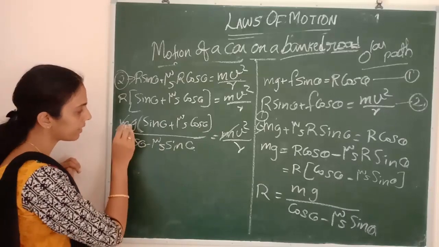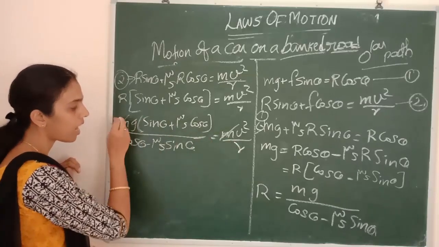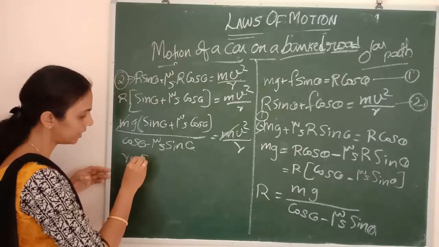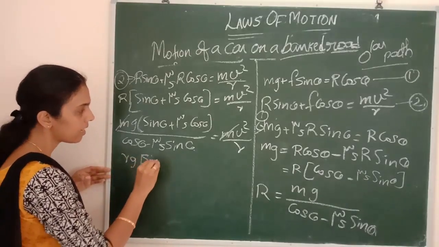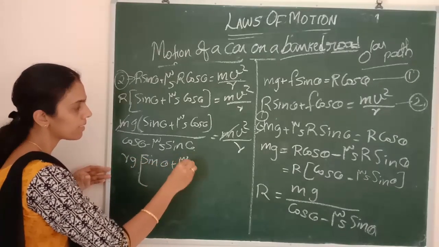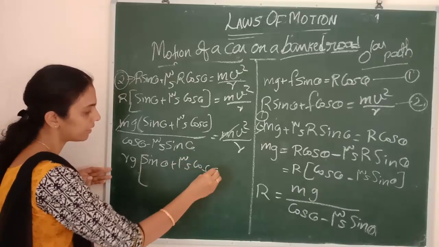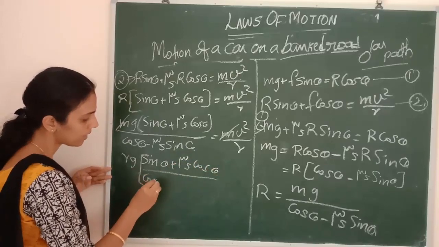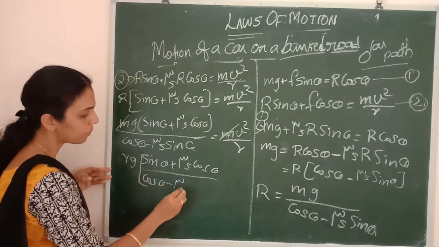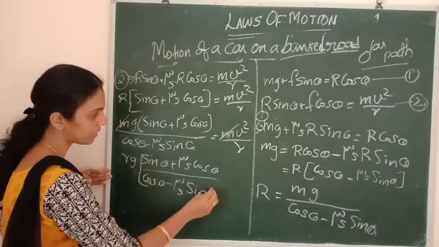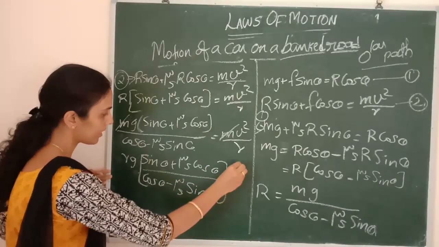So I am taking this R this side, Rg into sin theta plus mu s cos theta divided by cos theta minus mu s sin theta equals v square.